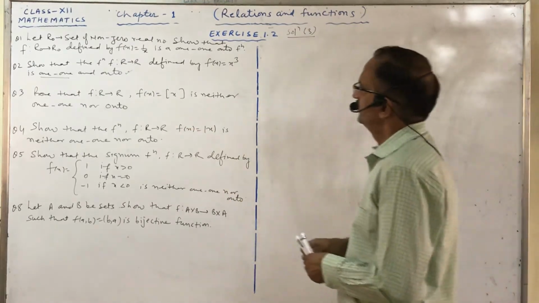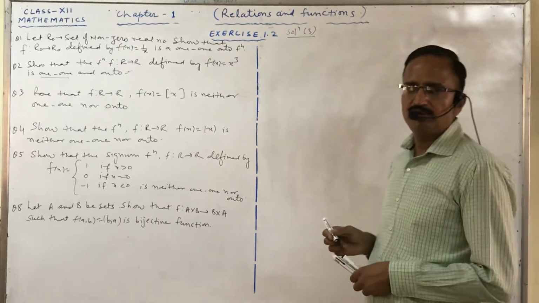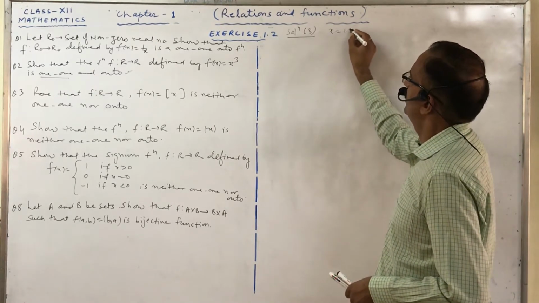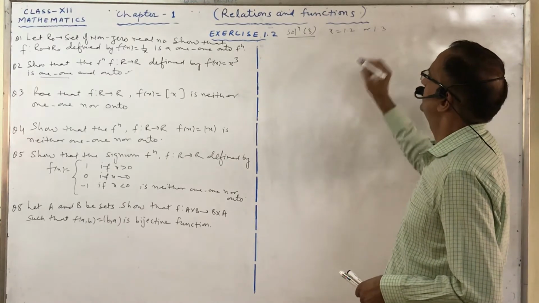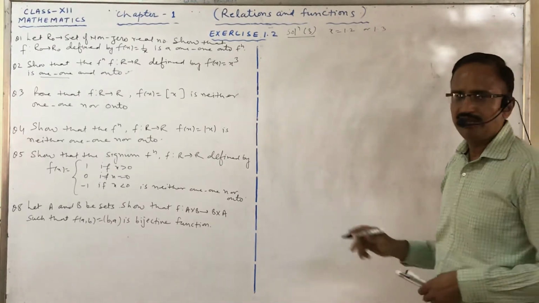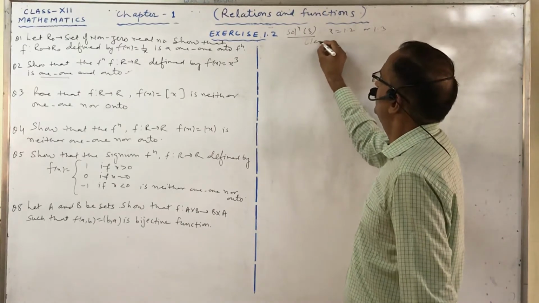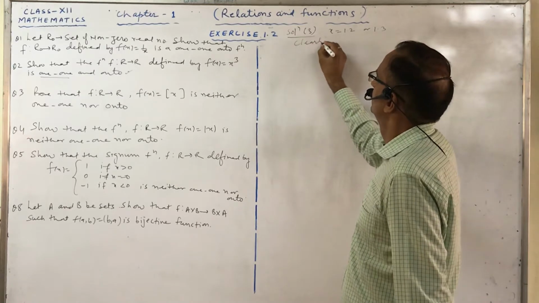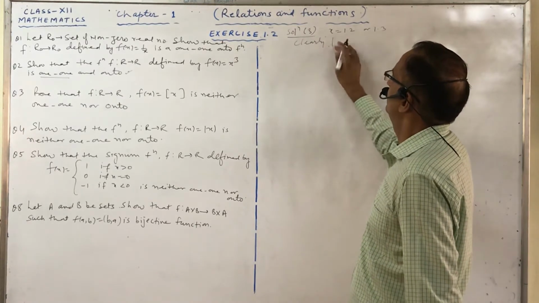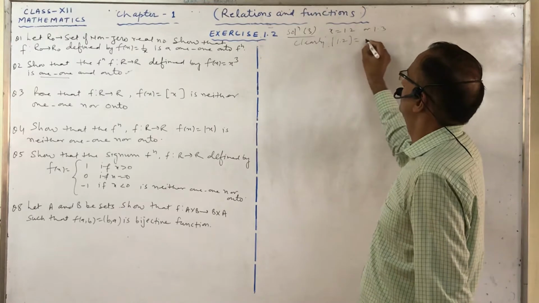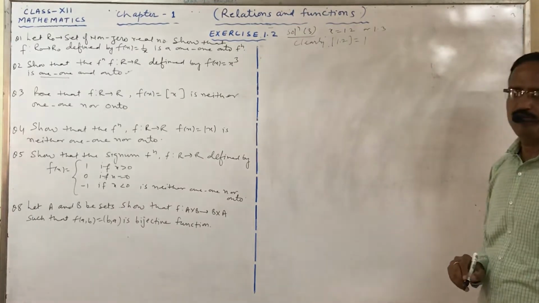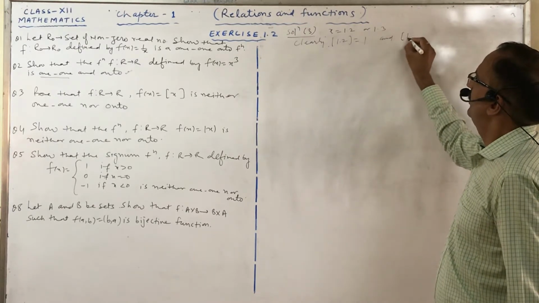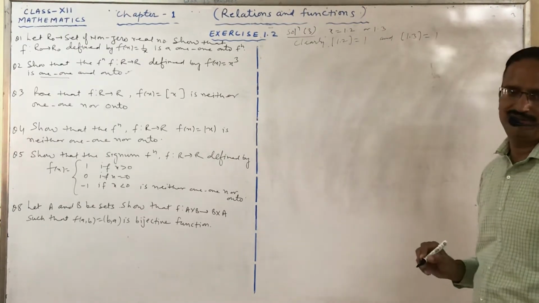for this, suppose I consider x equal to 1 by 2, or 1 by 3. Then clearly f(1/2) equals to 1. The value of f(1/2) is 1, and the value of f(1/3) is also 1.